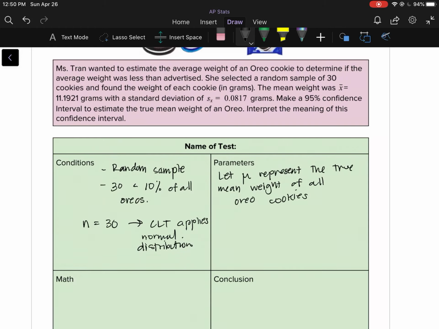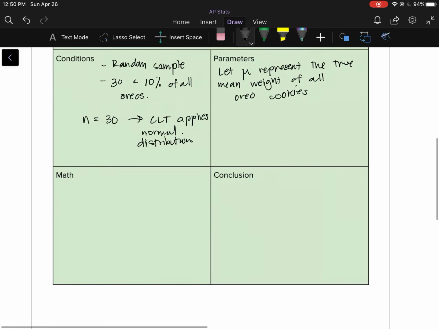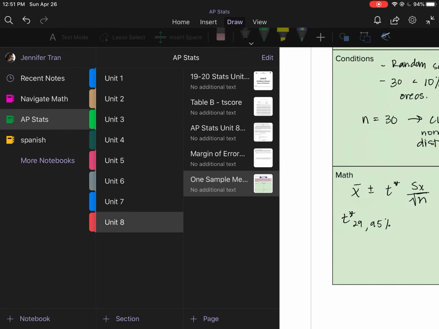Okay. Now we can do the math. Well, we know that in order to find the confidence interval, we have to do X bar plus or minus T star times S sub X over the square root of N. And in this case, T star occurs at 29 because that's 30 minus 1, at the 95% confidence level.